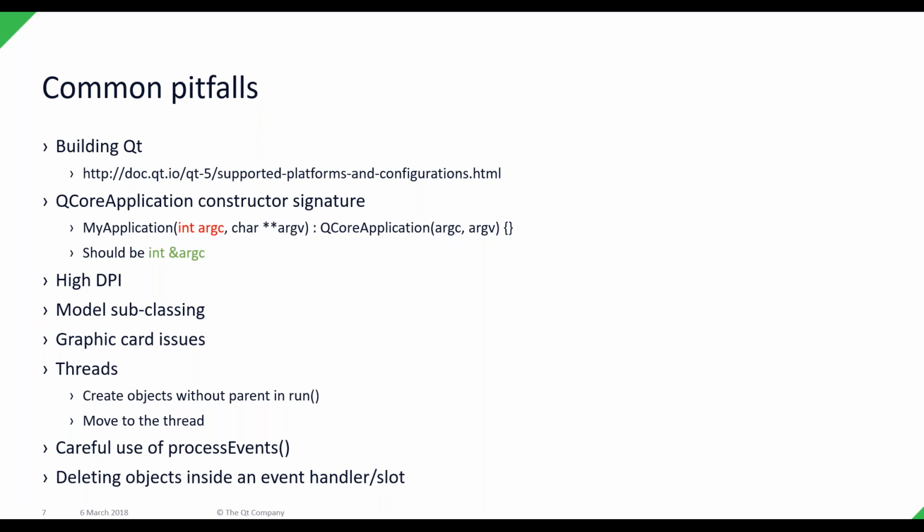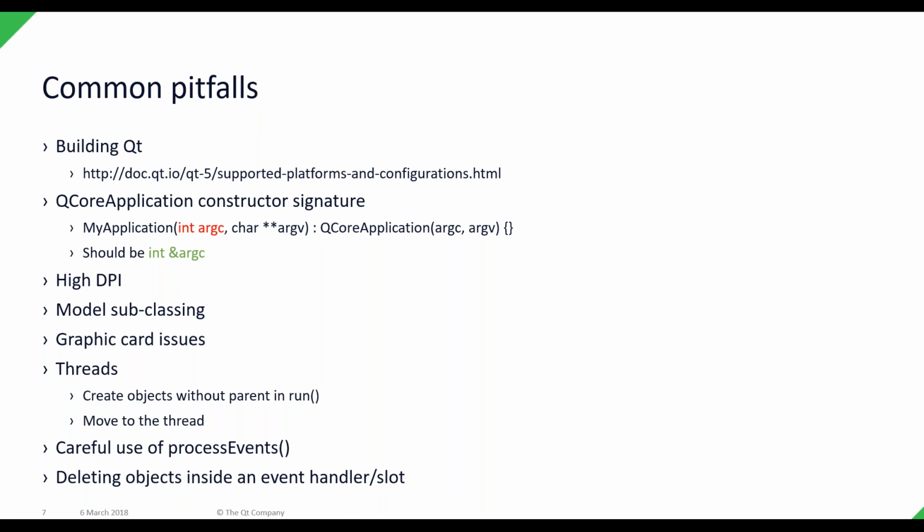Naturally, this is usually okay if you're careful about it, but unfortunately, when inside Qt, if you're inside an event handler or a slot, the Qt code expects that the object that invoked the event it was sent to, or the object that has the slot, would still be valid when that actually returns. So if you want to delete the same object at that point, then the best thing to use is to call deleteLater on that object.